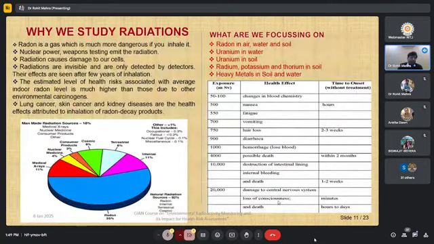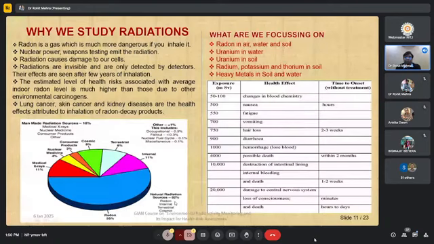Now comes why we study these radiations. What is the reason why we study them? In the morning, Dr. Tokonami discussed a lot about radon, why we study radon, because it is an alpha emitter. Here is the same type of figure: out of the total contribution, including man-made, natural, medical or nuclear, everything, 55% is due to radon alone.